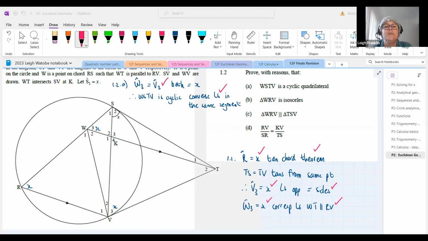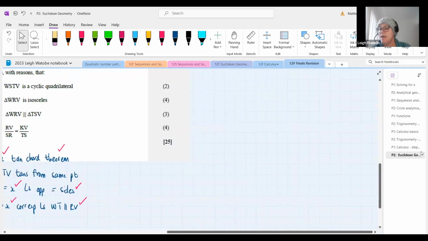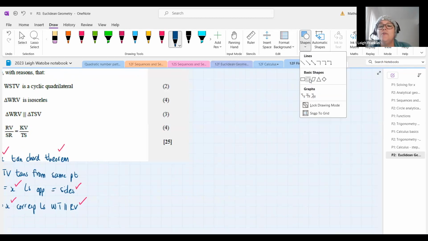Okay, so Tsehufatso, when you use equal chords subtend equal angles, that's like angles in the same segment, except the chords have been separated. So in other words, let's say you had a circle. Let me just draw a circle for you quickly, and then you can see what I mean.